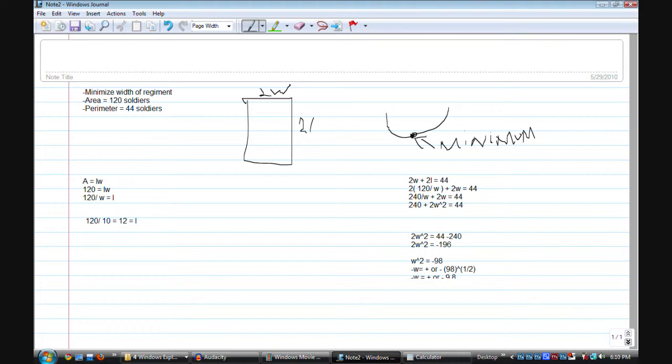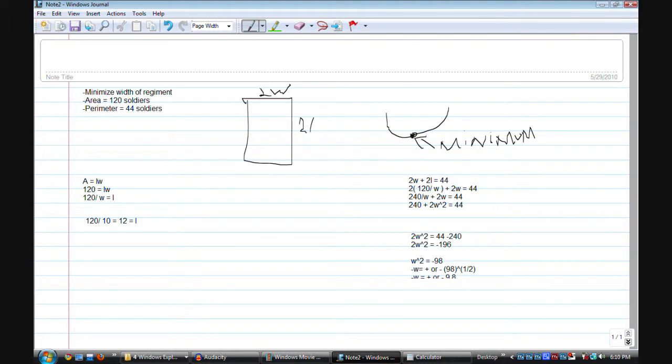And I rounded that 9.8 to 10 because we're dealing with humans for the area, so that means we cannot really cut a piece of one of our soldiers and put it in one place and have the other piece in another place. So I rounded to 10, and so 120 divided by 10 is equal to 12, which is the length.